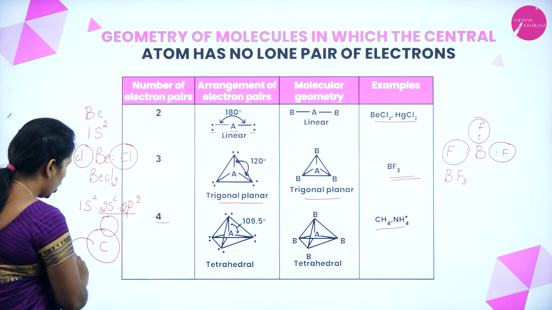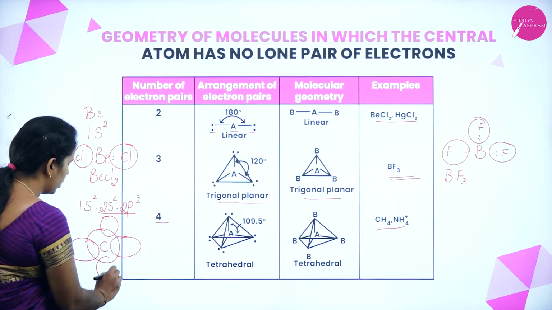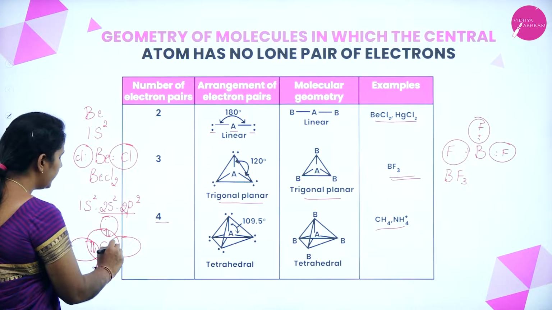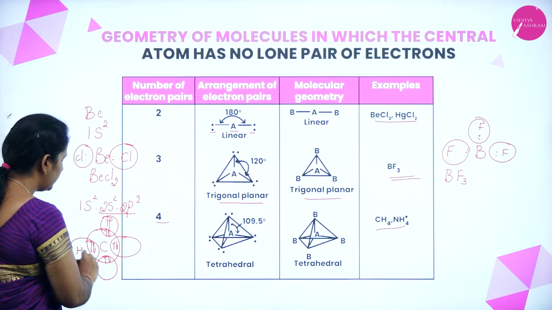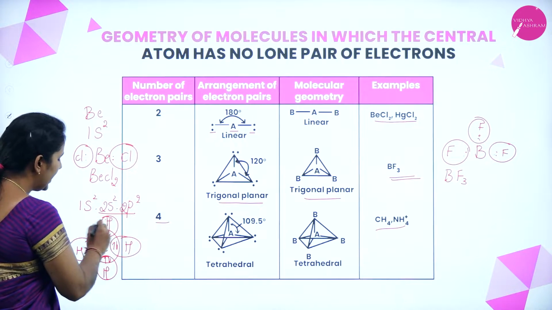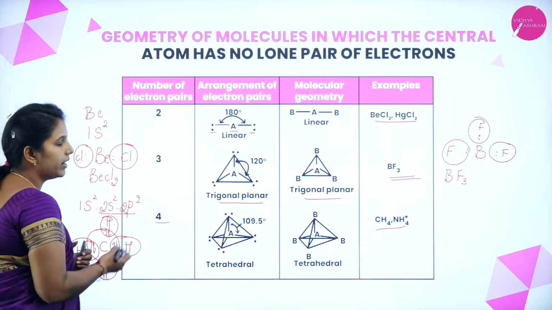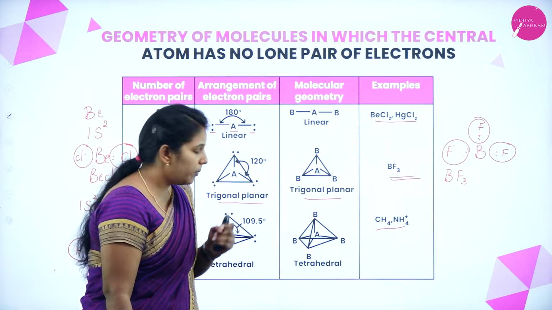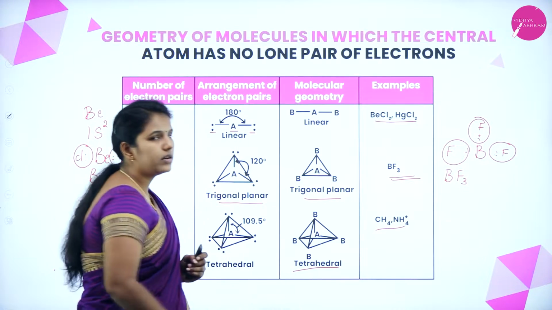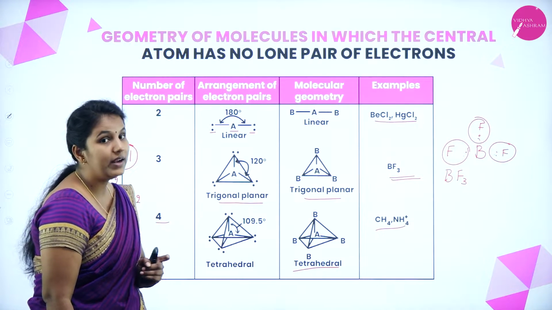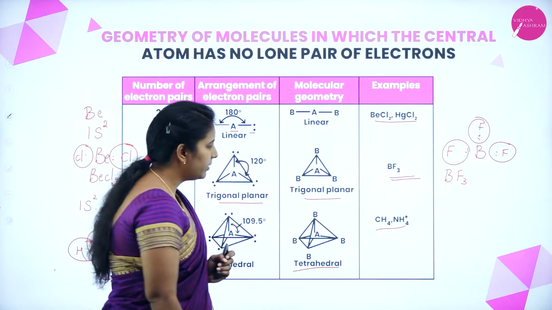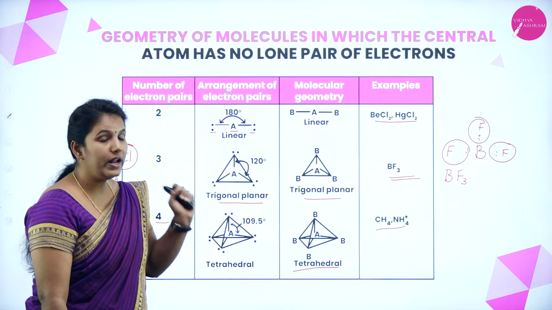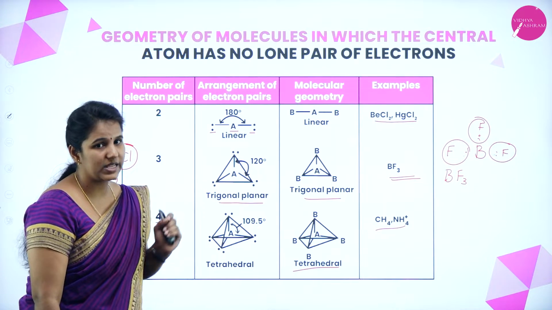That is why all the 4 electrons of the carbon get paired up with 1 hydrogen atom each, because each hydrogen atom donates how many electrons? 1 electron to the carbon, forming what? Tetrahedral geometry, and hence it is known as CH4 or the NH4 plus ion.